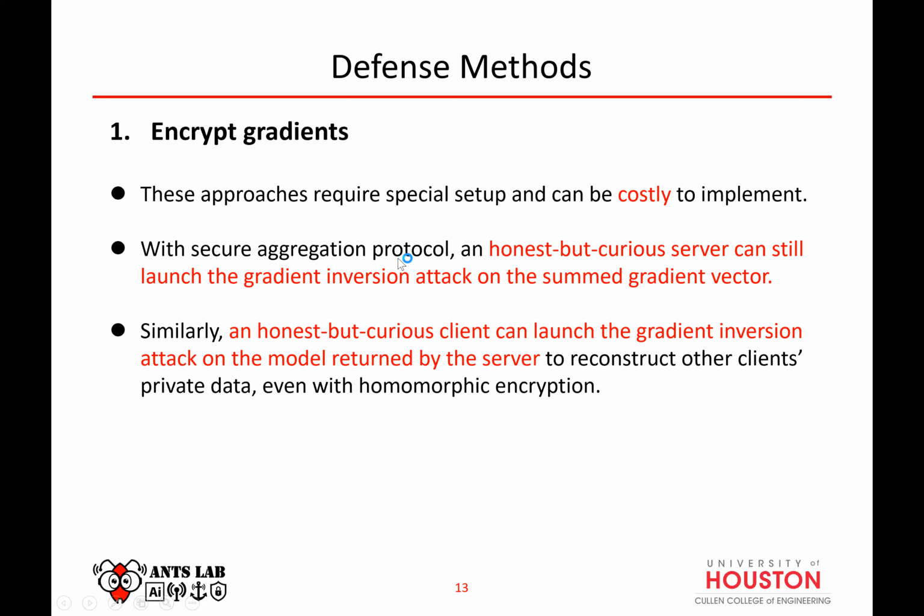And by using this method, the curious server can still launch the gradient inversion attack on the summed gradient vector. Also, if the attacker is a curious client, they can still launch the gradient inversion attack on the model returned by the server. So this type of defense method is not always available.